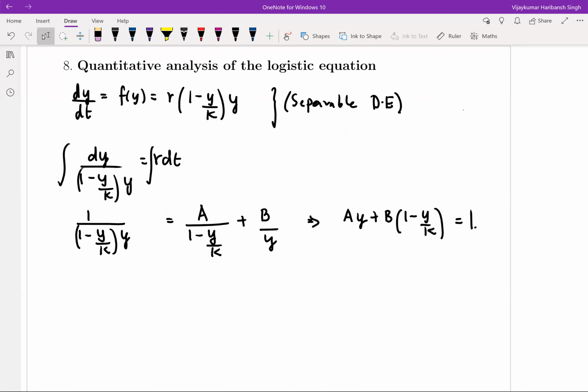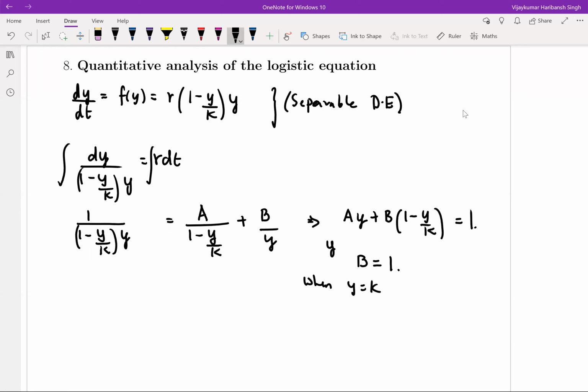Now from here, we want to solve for a and b. So let me write down how I get a and b.